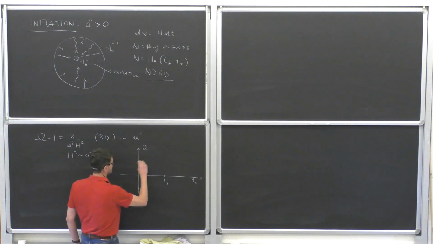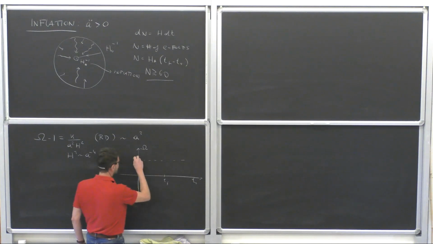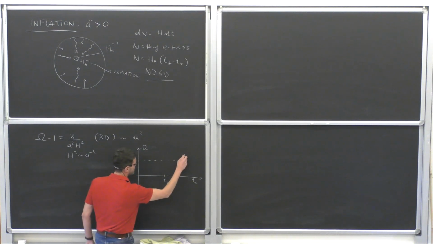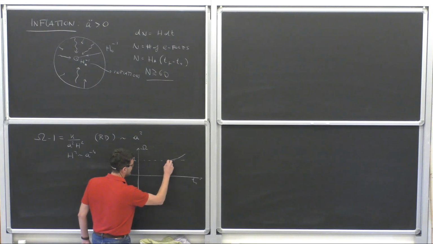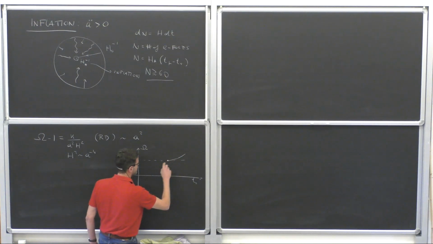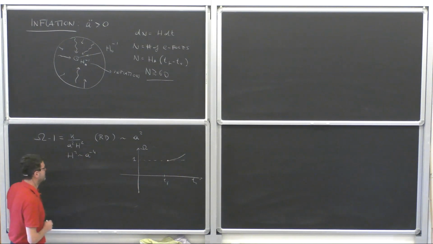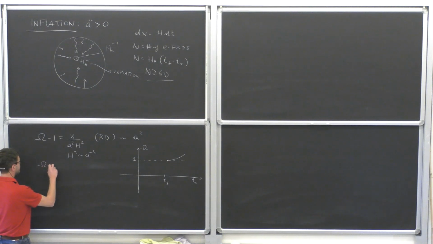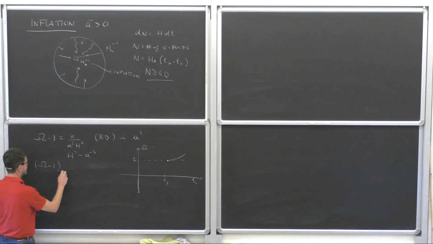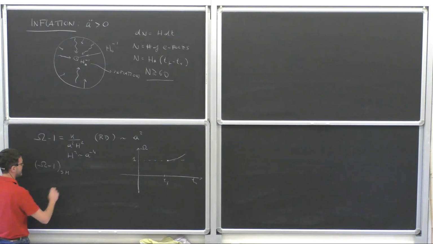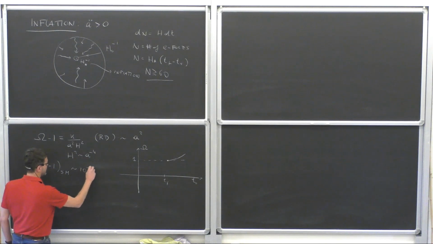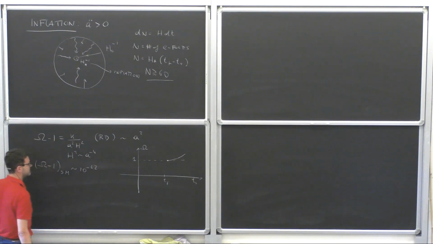Let's say we plot omega here, so we have 1 here. We said that in order to explain the universe today, we need to go to a value of omega minus 1, let's say in the standard model, let's put SM, which has to be about 10 to the minus 62. Okay?